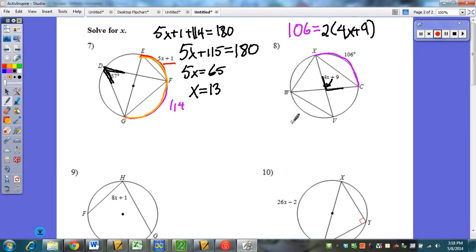Okay, so simplifying that, over here we get 106 equals 8x plus 18. So we're going to subtract the 18 from both sides, and we get 8x equals 88. Therefore, x equals 11.